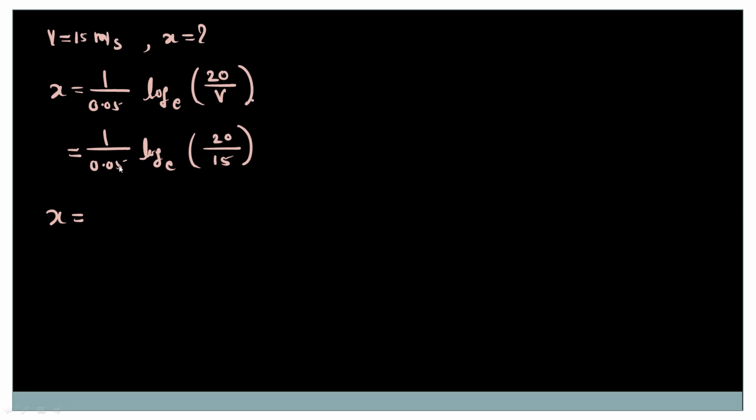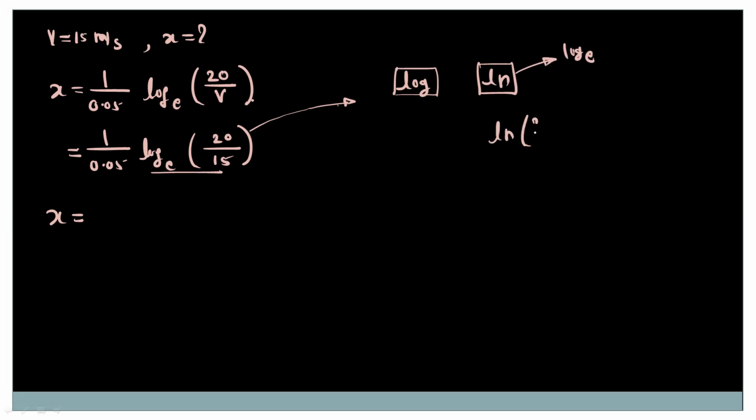You can solve this directly in your calculator. In your calculator, there are two functions. One is the log function and second is the ln function. This ln is nothing but the log to the base e. So when you solve log 20 by 15, use ln. So ln of 20 upon 15, this value is 0.2876.